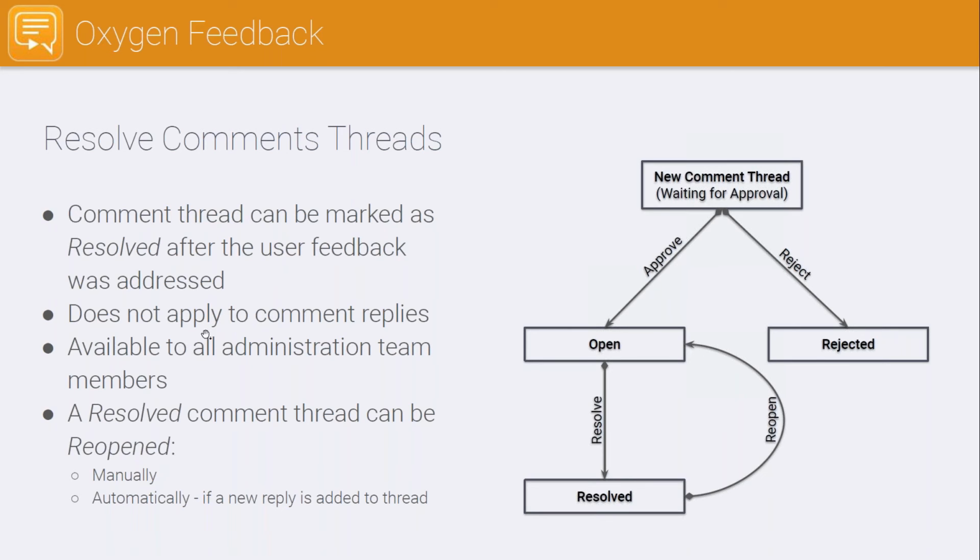This action is available only to the administration team members. Once marked as resolved, a comment thread can be reopened in two ways: manually by one of the administration team members if he considers that not all the topics that the user requested were addressed, or automatically if a new reply is added.